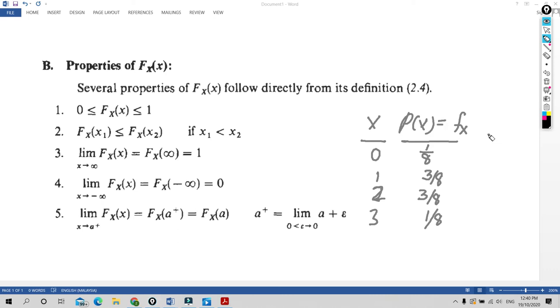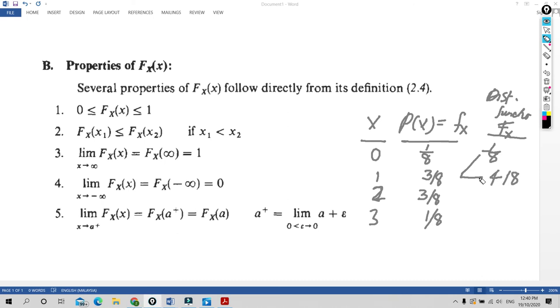These are the probability function. And then for the distribution function, you write capital F sub x. So here is 1/8. Then you have 1/8 plus 3/8, which is 4/8.